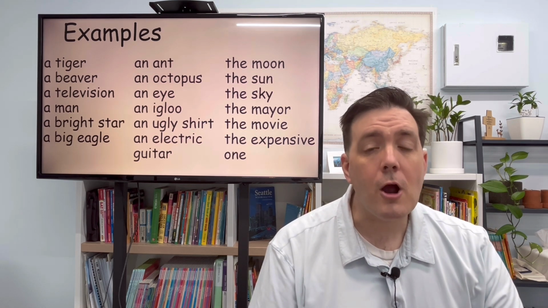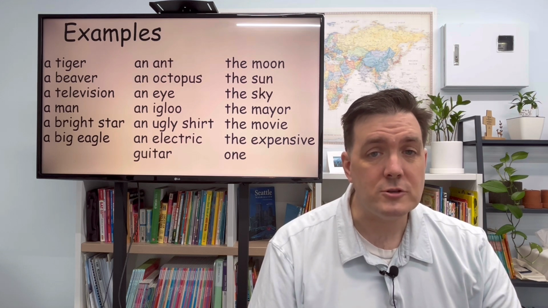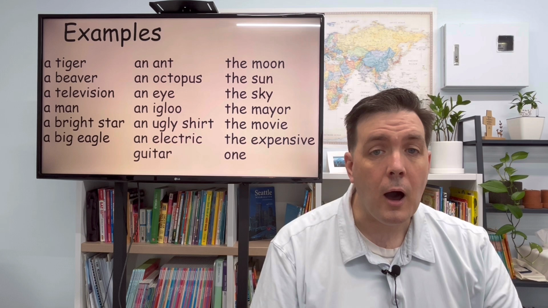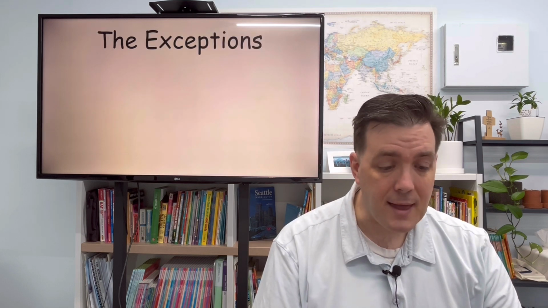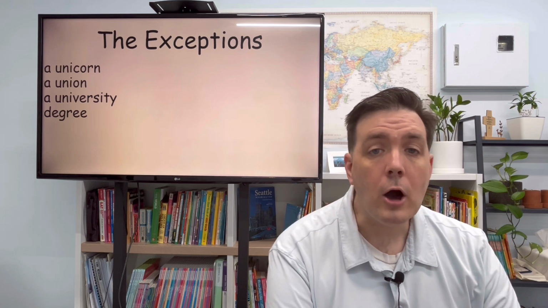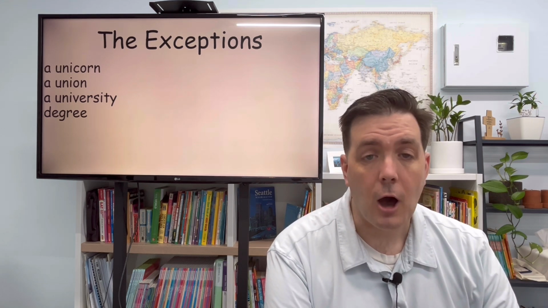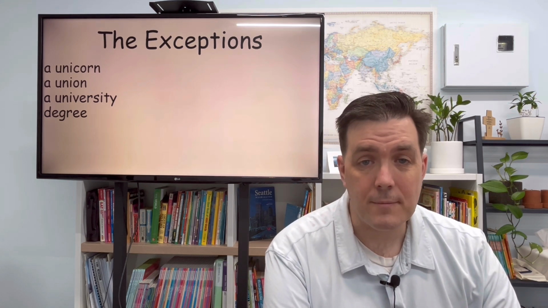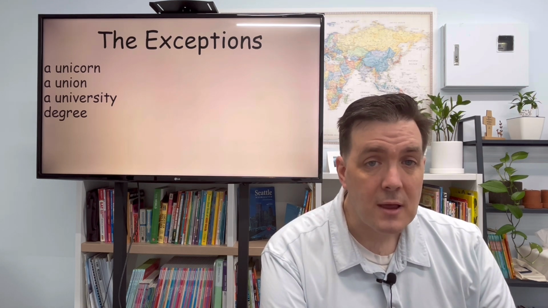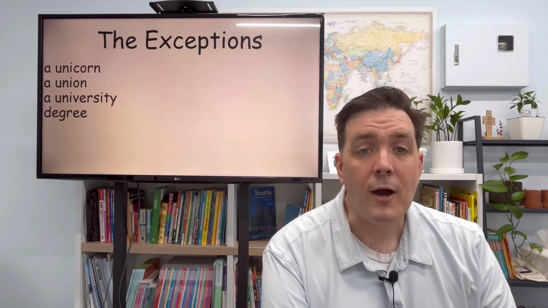Unfortunately, there are a lot of exceptions to this as well. So let me show you a few exceptions for these articles. First, a unicorn, a union, and a university degree. The U that comes at the beginning of each of these words is, of course, a vowel.